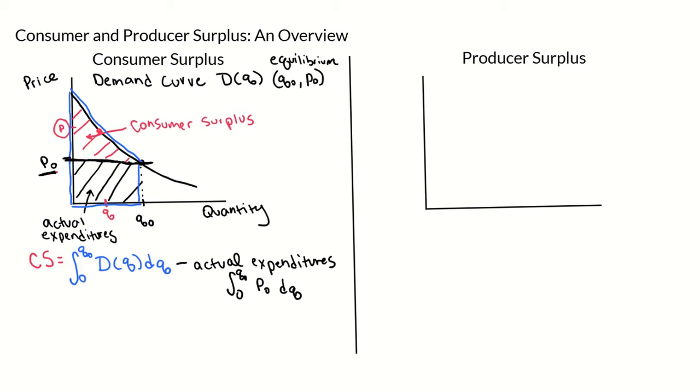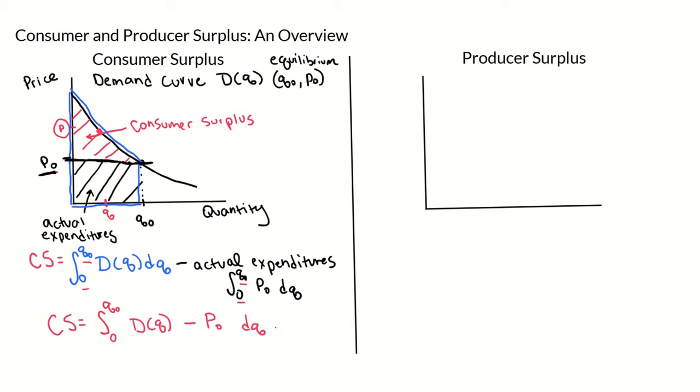So our consumer surplus, since we have the same bounds here, we can write this as a single integral 0 to q0 of d of q minus the constant function p0 dq. And that's how we calculate the consumer surplus.